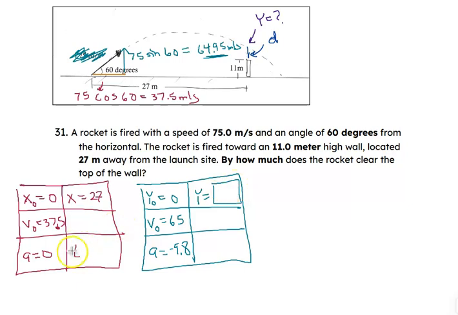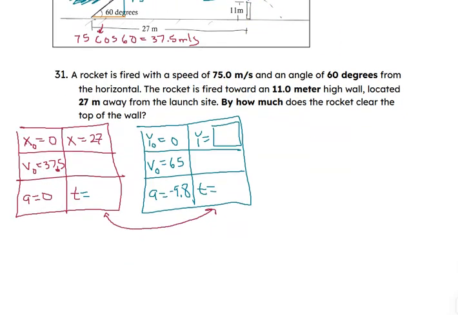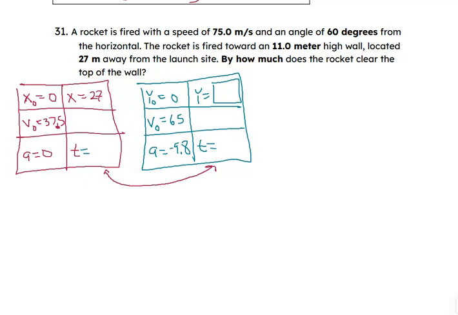So that's how we're going to get the time. And then portal to the other dimension, but time is the same in both. You see that we don't know y final, but we do know x final. So that's a hint. Let's start with the horizontal and see where we go from there.